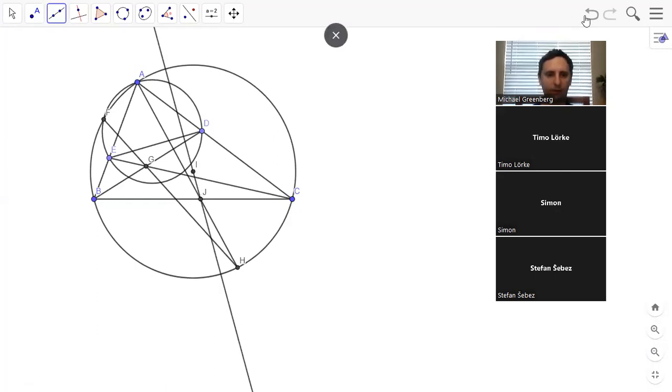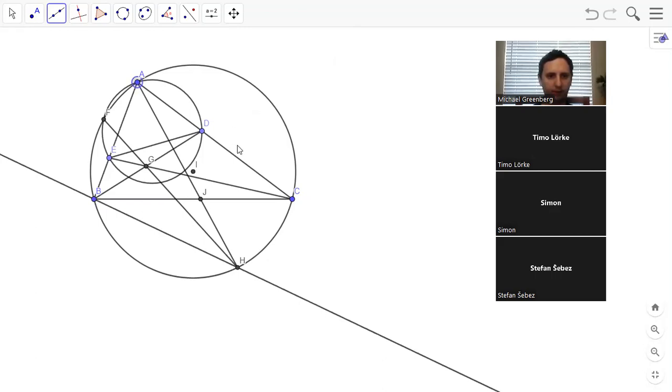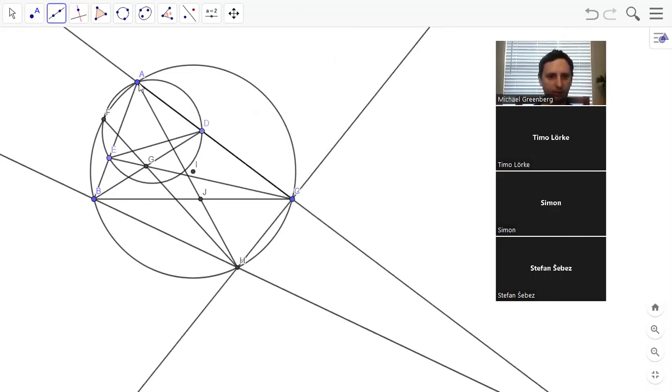The way we tried to do it was we let BH and AC intersect, and we let CH and AB intersect.